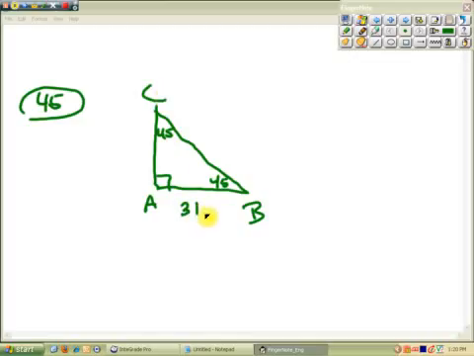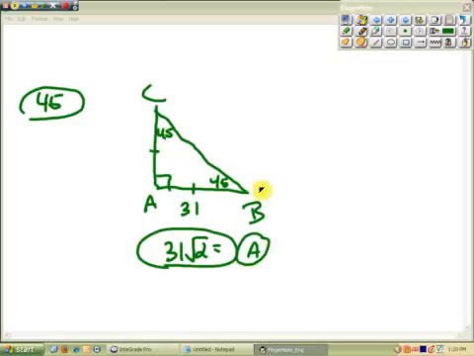They want to know what BC is. So this is a special right triangle, section 8.2 in your study guides. If this side is 31, then to find the hypotenuse you multiply 31 times the square root of 2. And the answer is given as that. So this is A, 31 square root of 2.